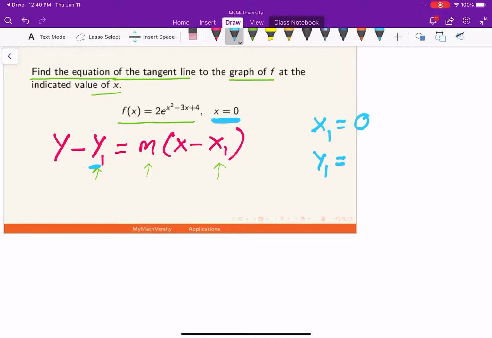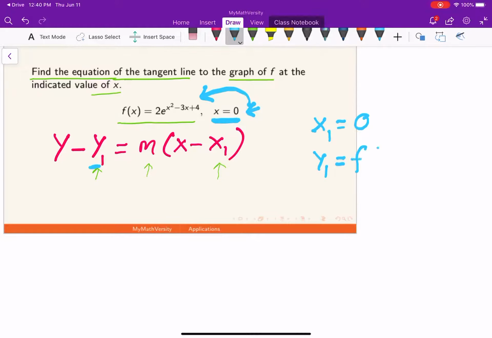We know the x coordinate is 0, so how do we get the y coordinate corresponding to that x value? We can just plug that number into the function, and we'll get the y coordinate of the point of tangency.